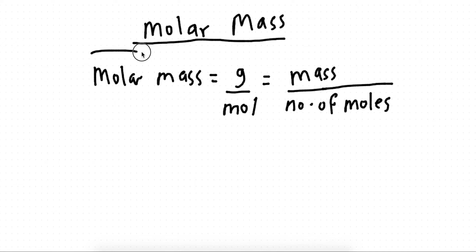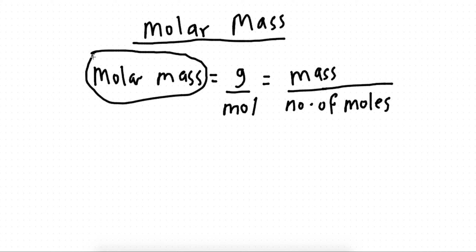What is molar mass though? Guess what? The value of molar mass is the same as the value of your nucleon number. It is the value of your relative atomic mass or your relative molecular mass. Remember how we said that relative atomic mass and relative molecular mass is simply the value of our nucleon number?